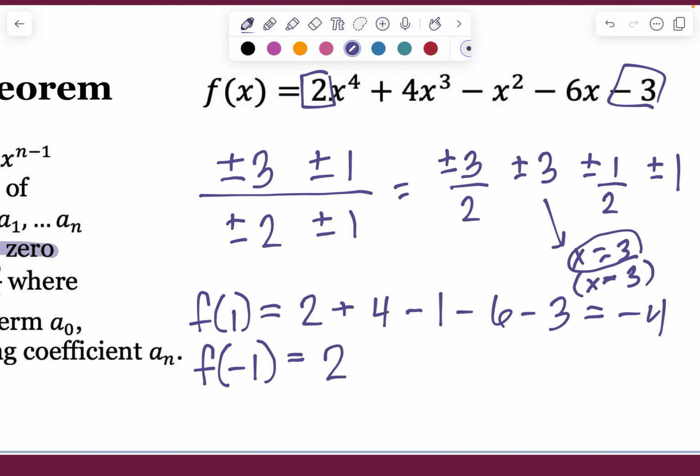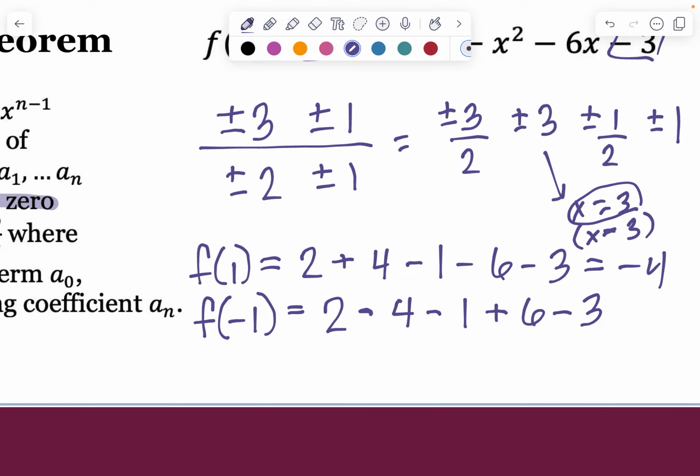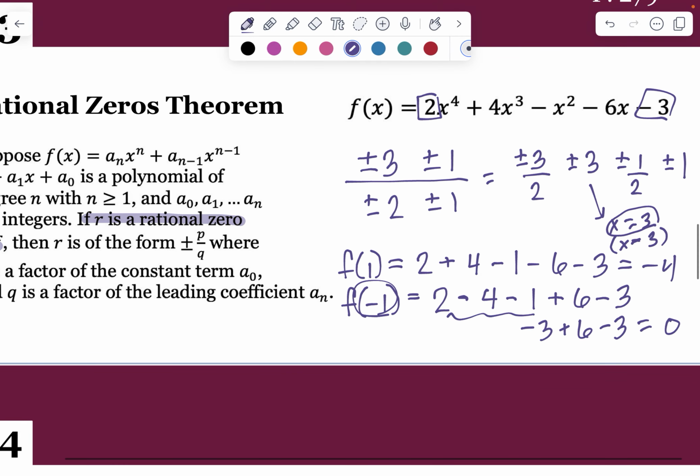Just like before, a negative input will change our sign when it's odd. Okay, and so here we have, let's see, negative 3 plus 6 minus 3, and that does equal 0. Okay, so negative 1 is one of our roots.